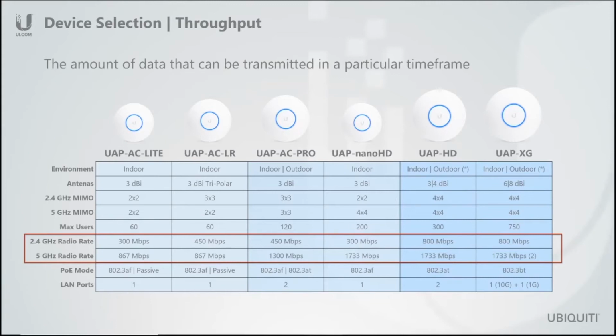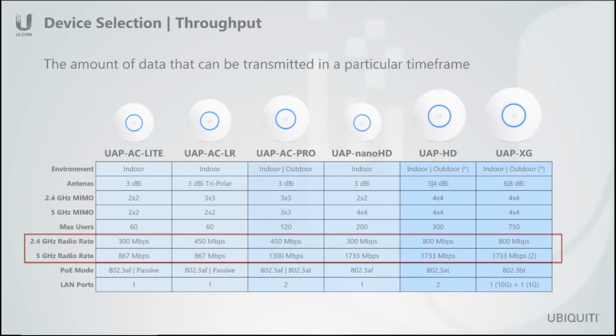Apart from that, the UAP XG also has a couple of LAN ports. One of the LAN ports is a 10 gig LAN port, which is available on the XG, as well as a one gig LAN port. Which means if there is a daisy chain that you want to do, or maybe connect another device to your APs, you have got a couple of options over here, which is maybe an AC Pro, where you can use a secondary port to connect another device, maybe a camera or something which you want to have on your network.